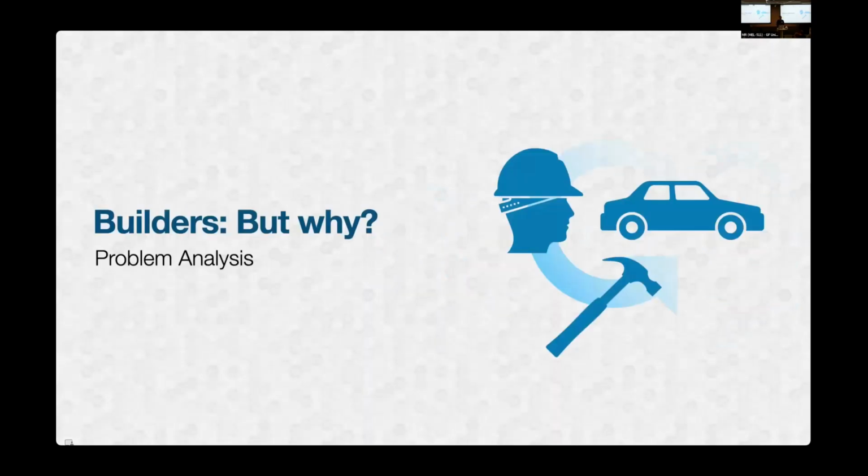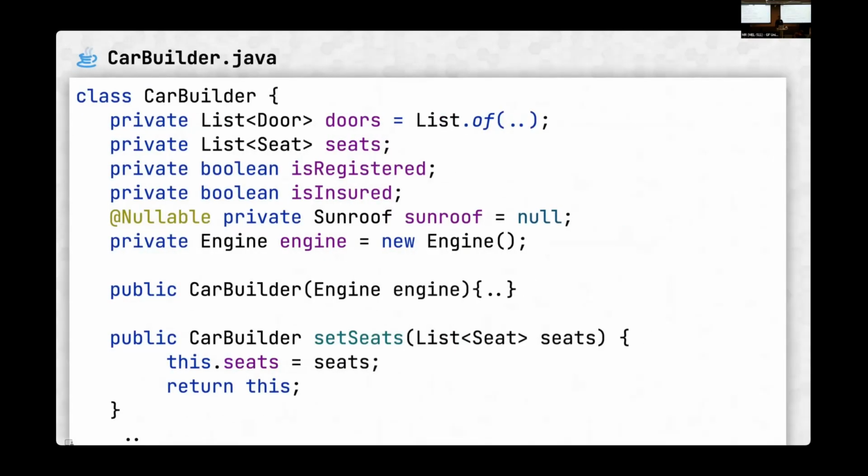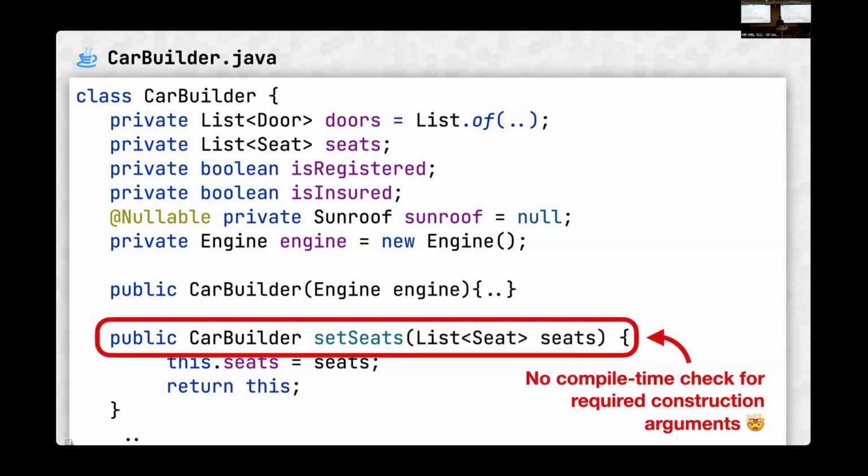Let's actually ask ourselves, why are we doing all this? Let's take a look at the same example solution we have before. Now, instead of just a car, you have this car builder thing for you to take care of. So instead of 1 type, now we have 2. And on top of that, you have to duplicate all the internal representation you once had into the builder so you can build something out of it.